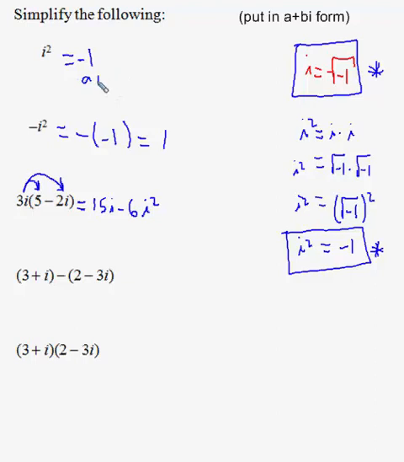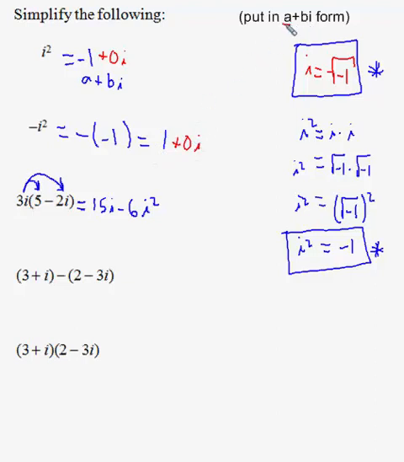This part was in a plus bi form because we can actually think of the b being 0. In fact, you could argue that the number -1 can be thought of as -1 plus 0i. And 0 times anything is 0, so this would get dropped out and you'd have the number -1. Same thing here. The number 1 can be thought of as 1 plus 0i, and a would be 1 and b would be 0.